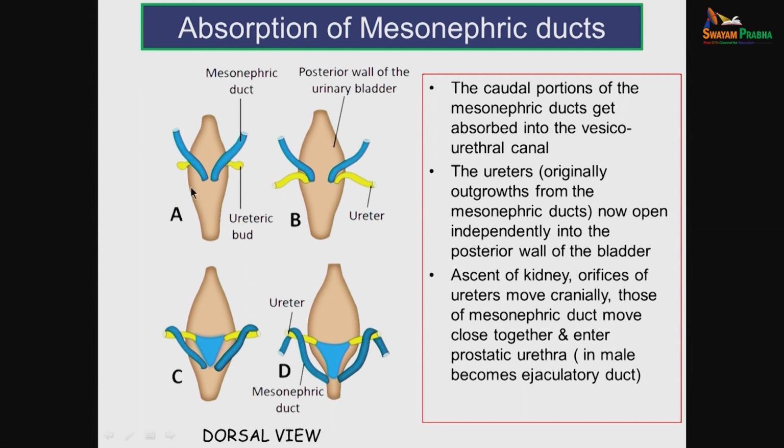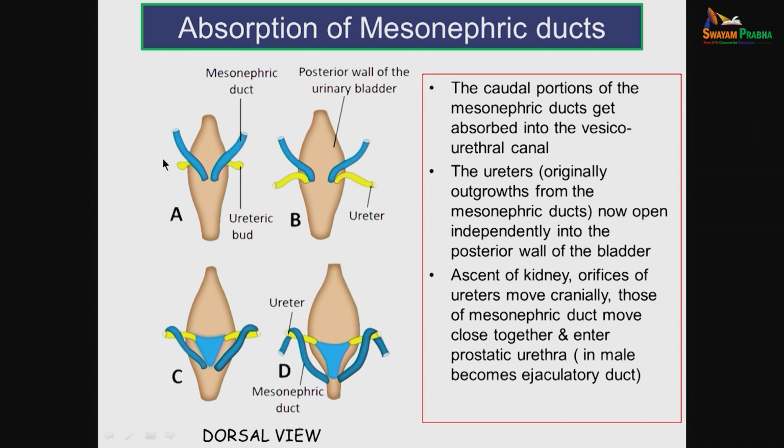Already we have mentioned that the caudal portion of the mesonephric ducts opens into the primitive urogenital sinus when we talked about the development of the kidney and ureter.